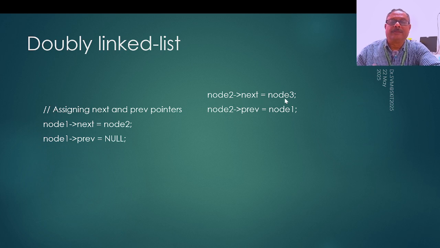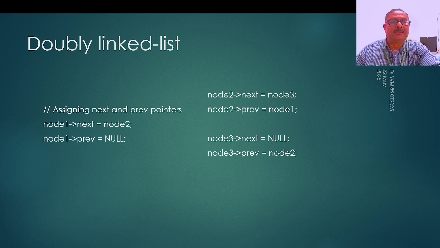Node 2's next is node 3, and node 2's previous is node 1. Node 3 is the last node, therefore node 3's next is null, and node 3's previous is node 2.